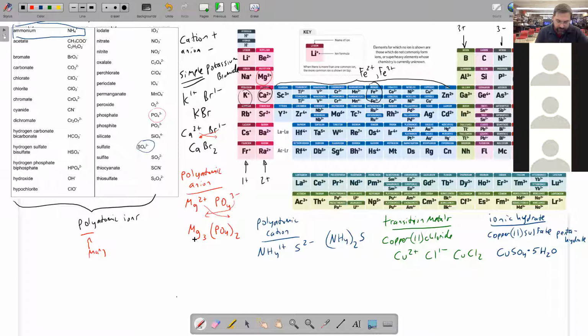When it's a polyatomic anion, you just use the name that's beside it. So MgPO4, the cation's name is always just whatever the name of the metal is. So that's just magnesium, and the PO4, that's phosphate.